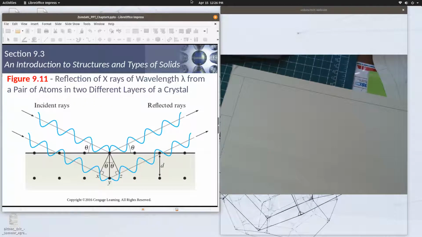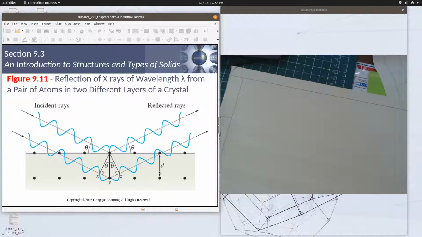So the issue is that these two reflected rays arrive at the same point on a detector screen, and consequently they have a slightly different path length due to the fact that they scattered off different atom sites. And by analyzing that kind of data, I can pull out the different spaces between the atoms.